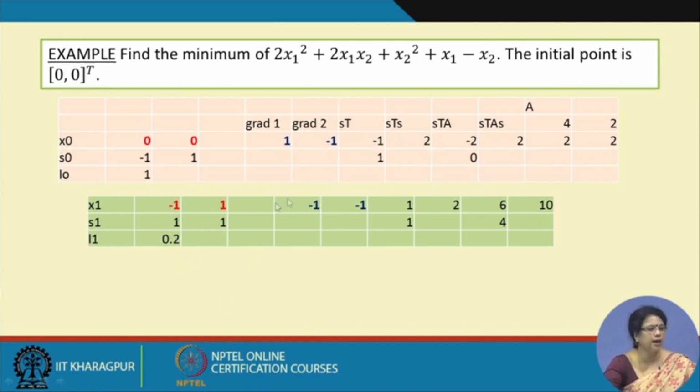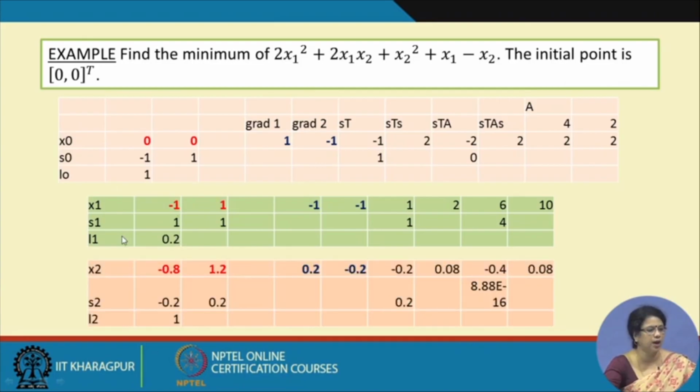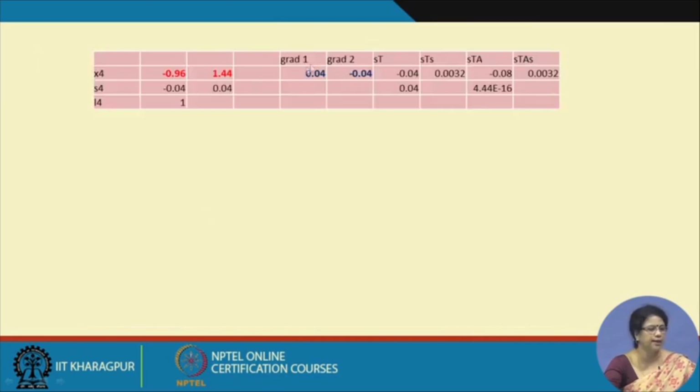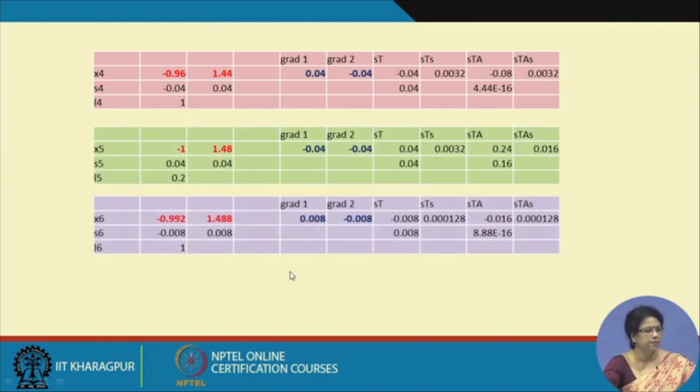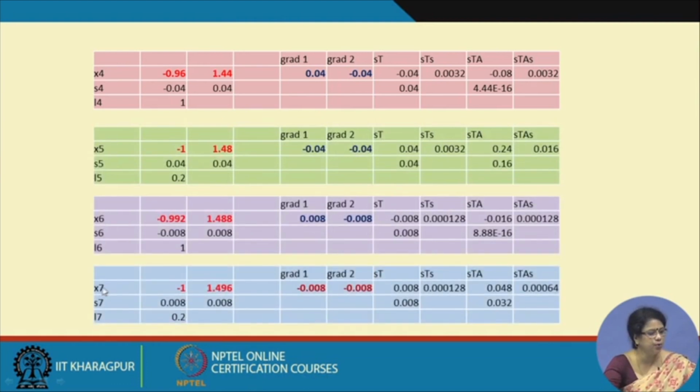I have repeated the process: one iteration, second iteration, and the same for the third, fourth, fifth, and you see the value x7 is coming as (-1, 1.5), almost 1.5. The gradient values are coming almost 0 here, and in the previous case also almost 0.